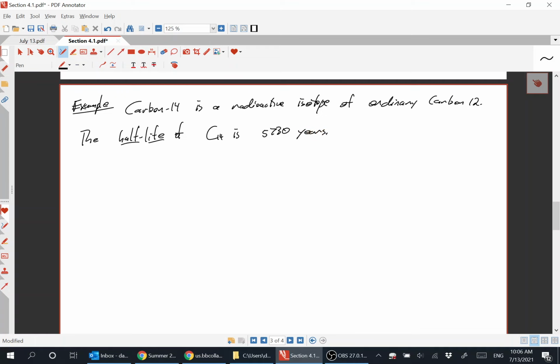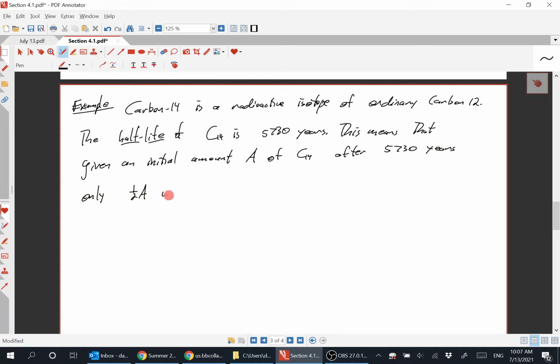What that means is that given an initial amount A, grams or kilograms or micrograms or milligrams, whatever have you, of C14, after 5,730 years, only 1/2 of A will remain.